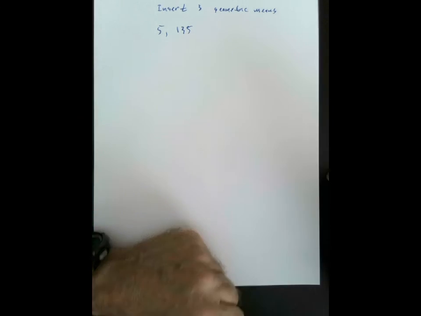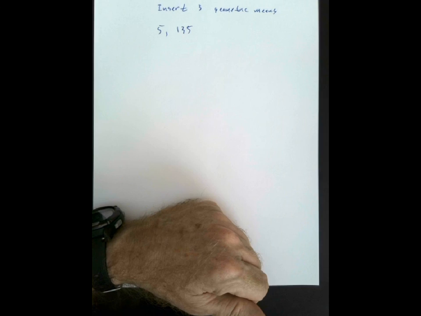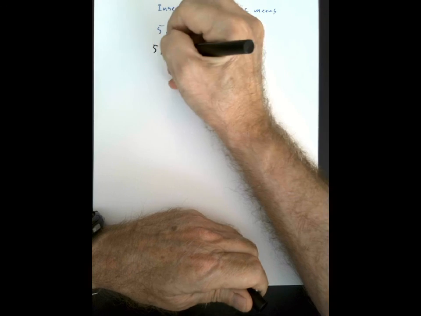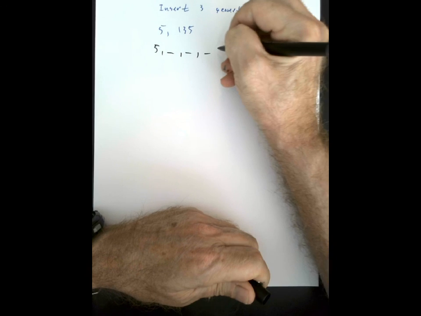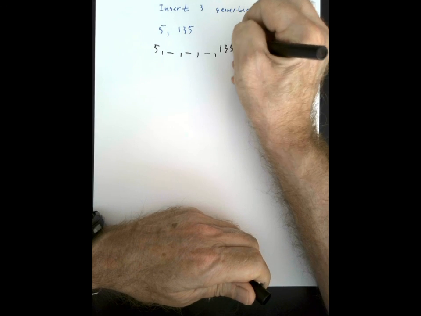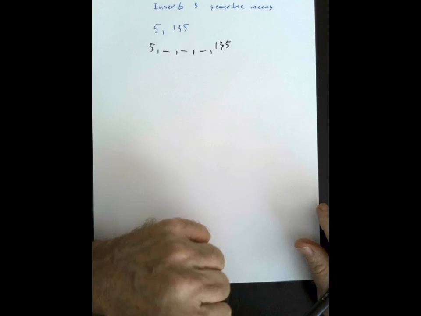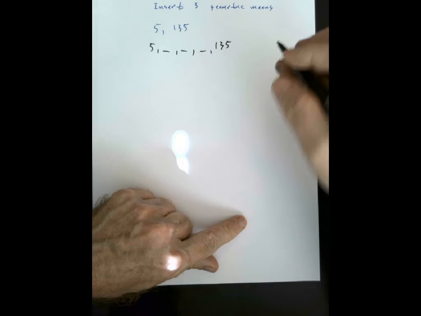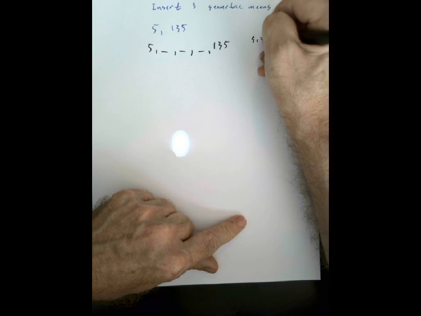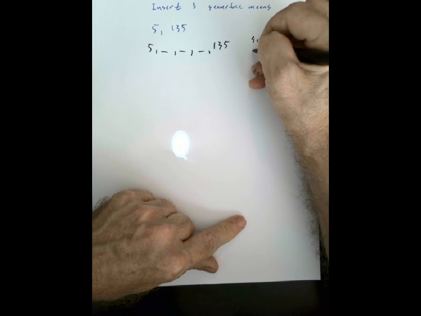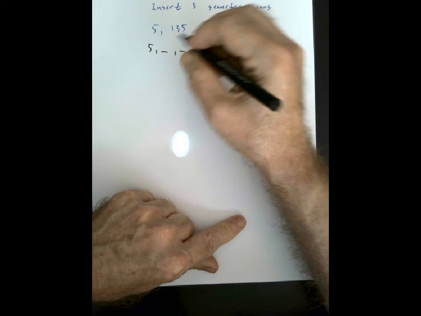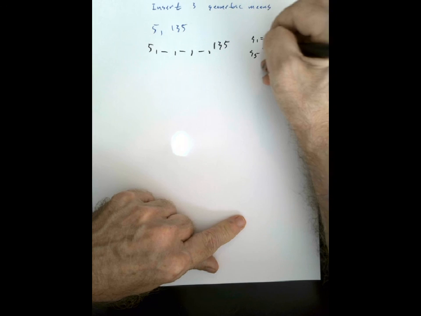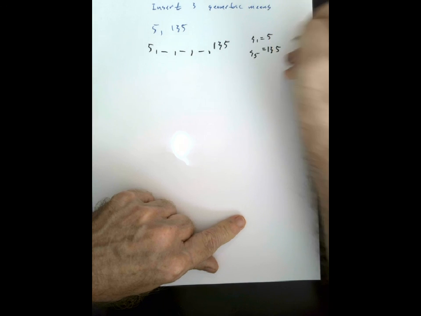Oh, you're back. Okay, so let's see here. Now we want 3 geometric means. That means we want 3 numbers in between to make a geometric sequence. So g of 1 is equal to 5. G of 5, 1, 2, 3, 4, 5, the fifth term in this case would have to be 135.